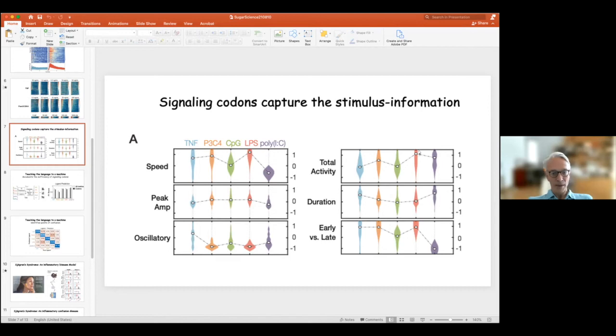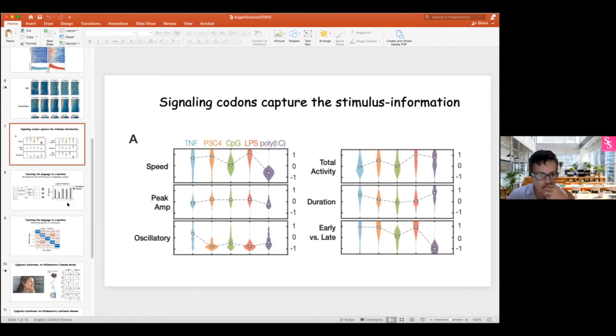Total activity varies, and is highest with LPS, and there's a couple of other ones. These ones all look the same, but actually if you use different concentrations or doses of these, then the peak amplitude changes. So from the statistics, we find that all of these 6 basically represent code words in this code.